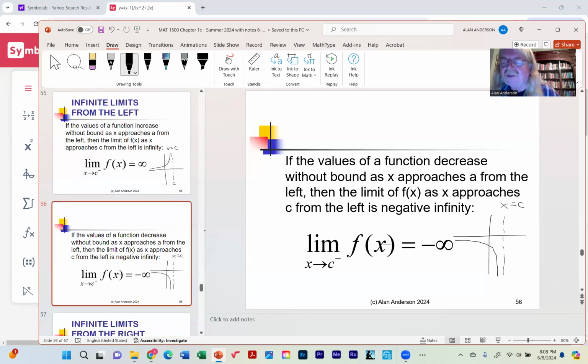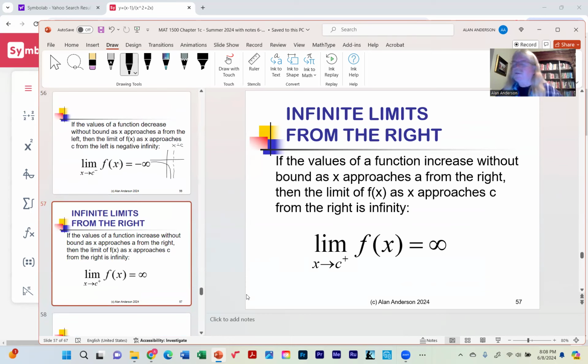Well, I didn't draw it as well as I could have, but you get the idea. As we're coming from the left, the function is getting smaller and smaller and smaller, and it is in the limit converging to negative infinity. Then we have the same ideas from the right. This could be anywhere.